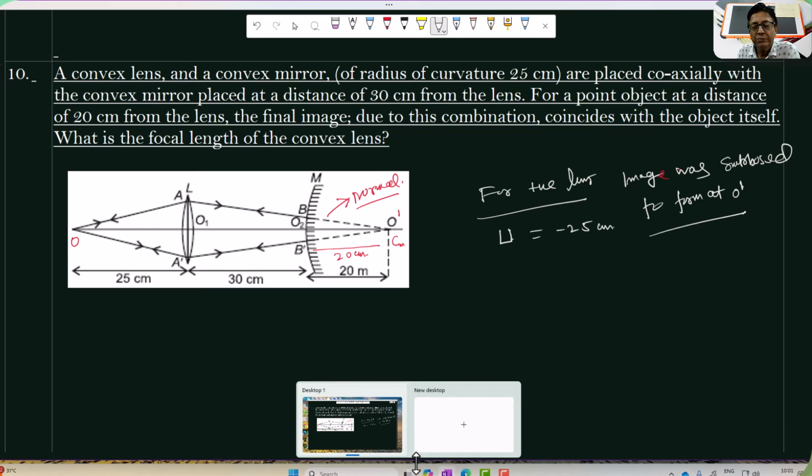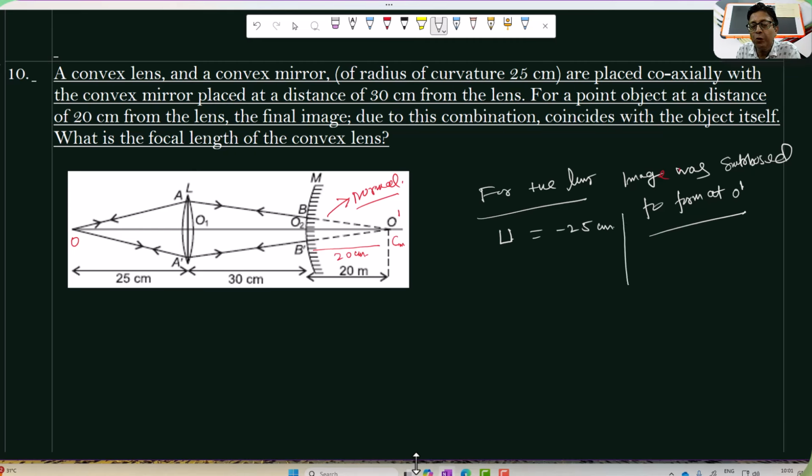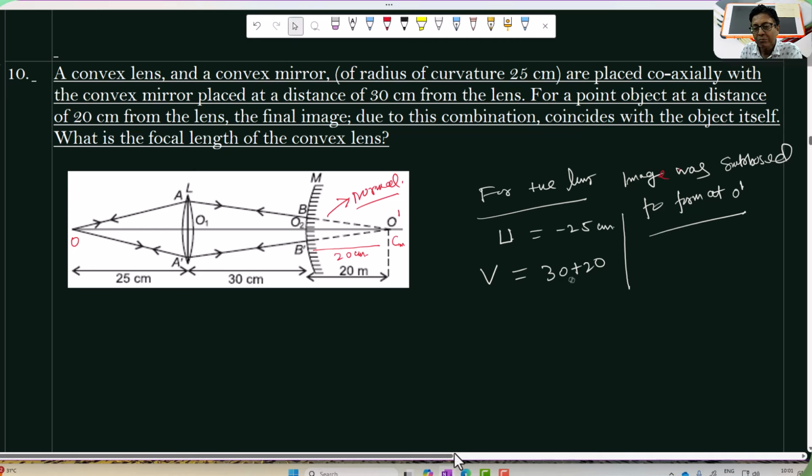Okay? If it is supposed to form at O dash, then V should be, here is that 20, but for the lens, V should be what? 30 plus 20. Okay? That is 50 centimeter.